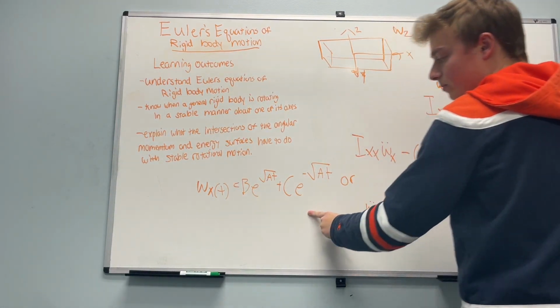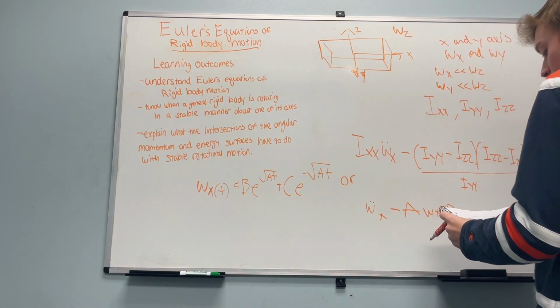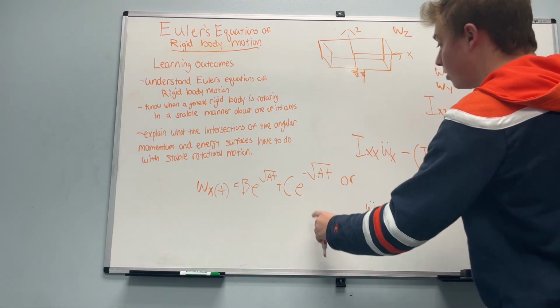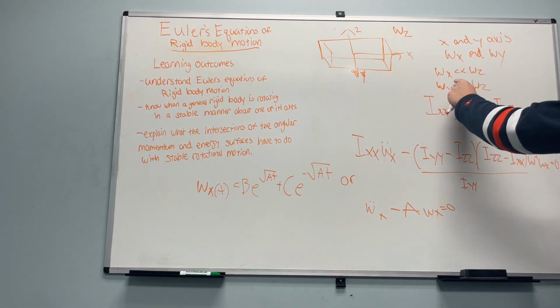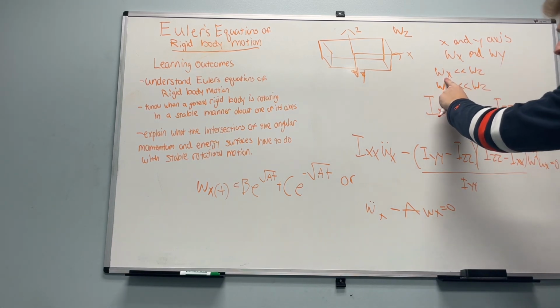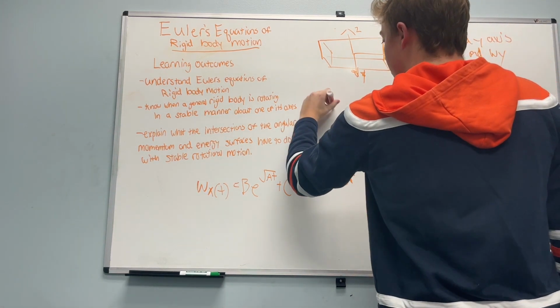Now from here, we can see that if a is positive, there will be an exponential divergence, which will result from the small perturbation that we had in omega x, and omega x will increase without bound, and the motion will be unstable.